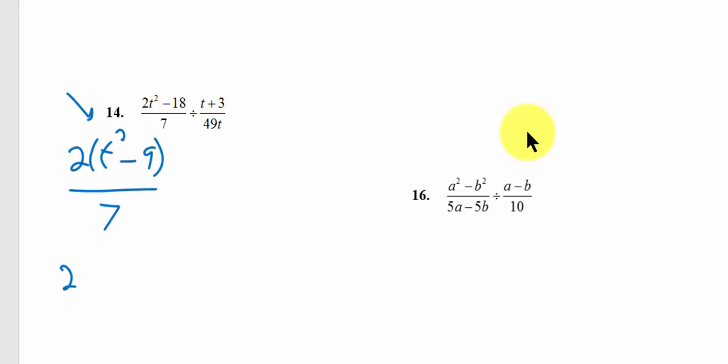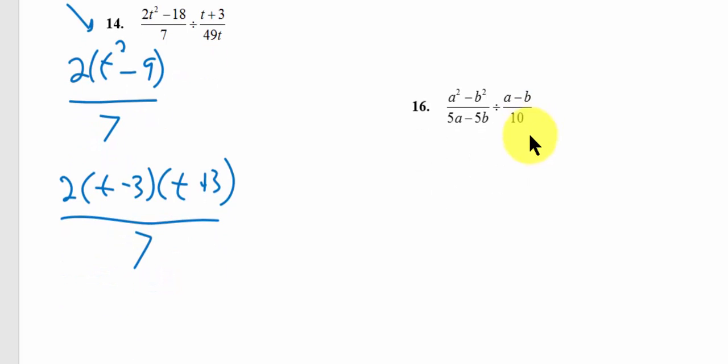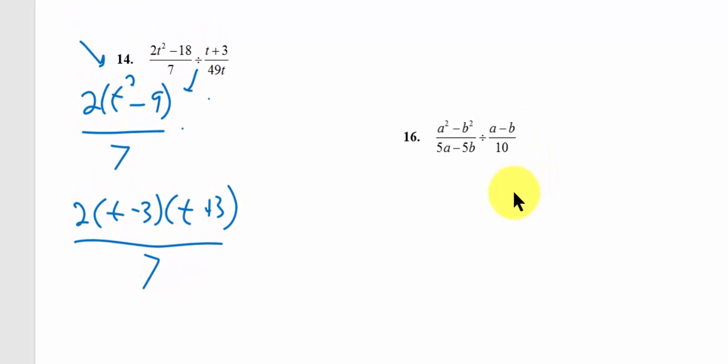So I can write 2 times t minus 3, t plus 3, and the 7 stays on the bottom. Now, to change the division sign to a multiplication, we need to take the reciprocal. The 49t on top and the t plus 3 on the bottom. So I'm going to write that here, and hopefully I can write this a little bit neater. And that's over t plus 3.